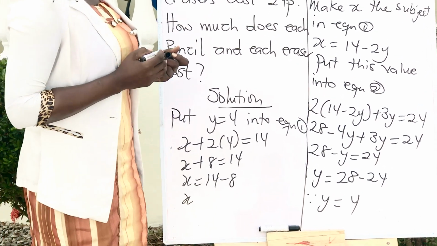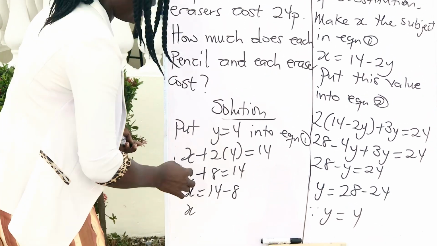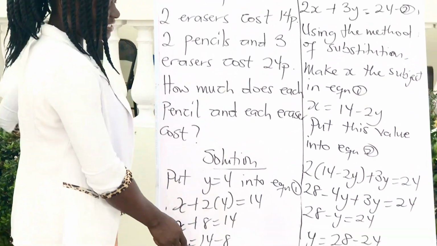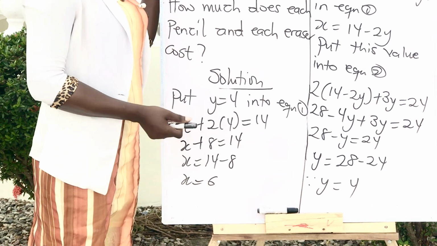And what is 14 minus 8? 6. Excellent. And therefore, our X is giving us 6, whilst our Y is giving us 4.